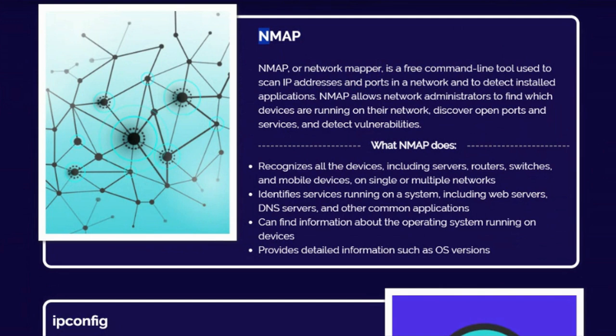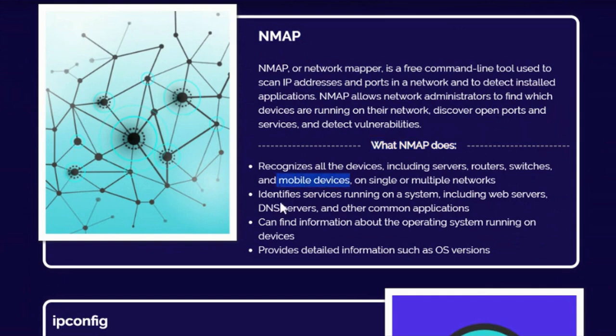Nmap allows network administrators to find which devices are running on their network, discover open ports and services, and detect vulnerabilities. Here's what Nmap does right here. Recognizes all the devices, including servers, routers, switches, and mobile devices on single or multiple networks. It'll even tell if your phone's hooked into the network.